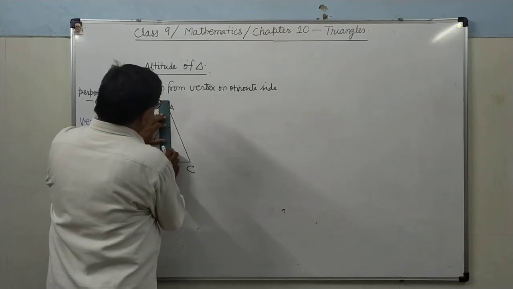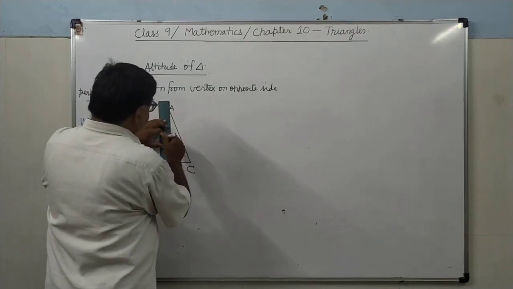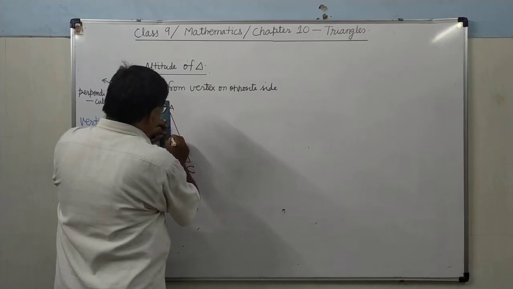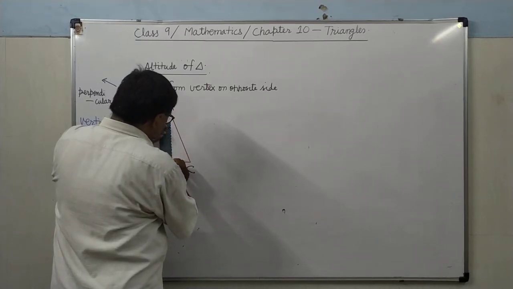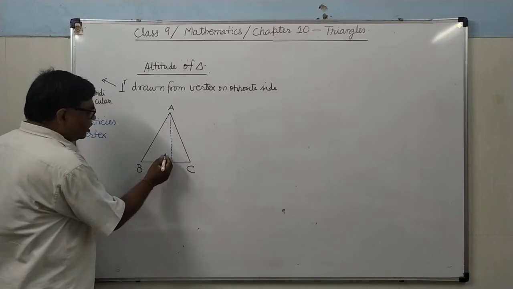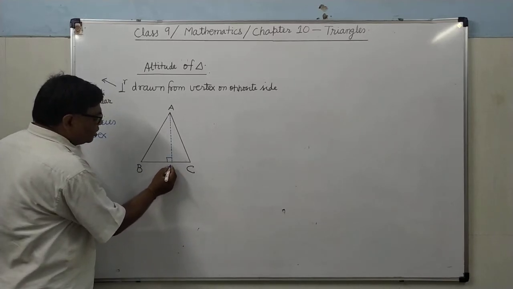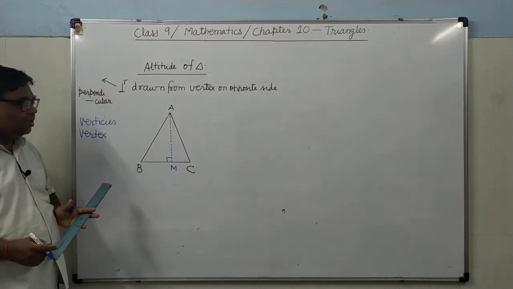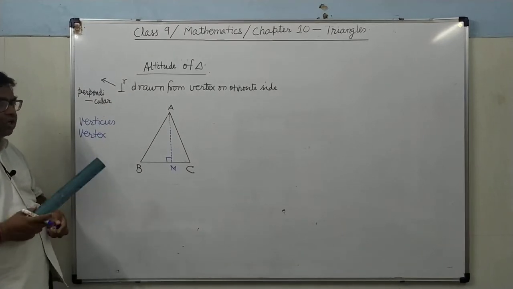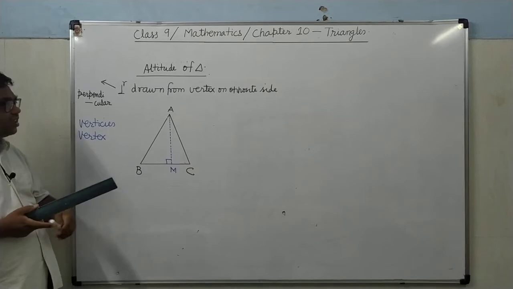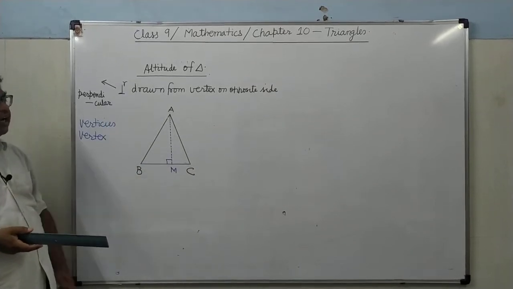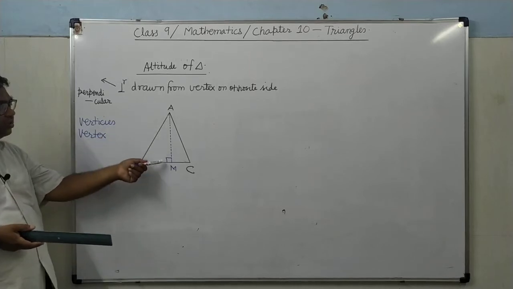Perpendicular means drawing a line from A which makes a 90-degree angle with BC. You can see here, this is M. Since there are three vertices, there will be three altitudes. One altitude is AM.